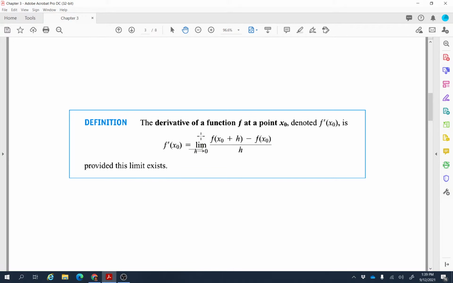The derivative means it's a rate of change. The derivative of a function means we are interested to find the rate of change of that function. The derivative of a function f at a point x0, we denote by this notation, which is called f prime of x0, which is basically notation for the derivative.